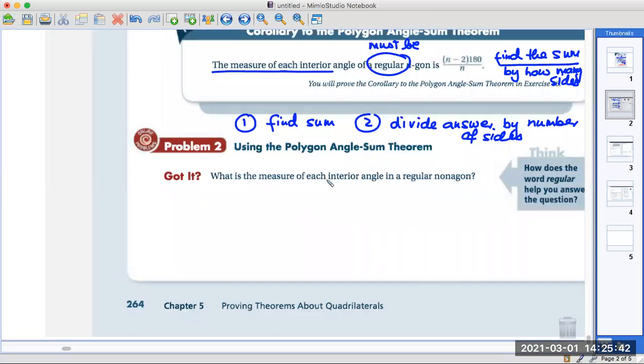What is the measure of each interior angle in a regular nonagon, which is a 9-sided figure? How does the word regular help you answer the question? Find the sum, divide by 9. You can only do it if it's regular.